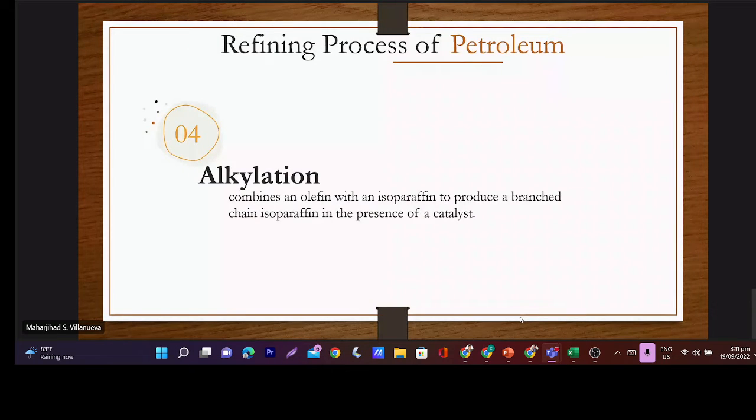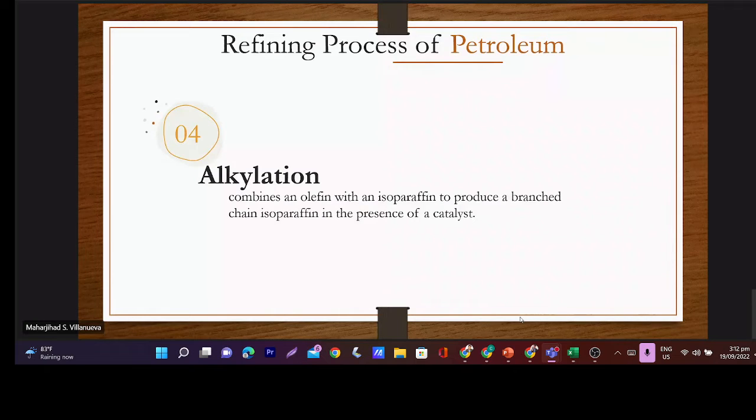So, kumbaga po, it's a chemical process in which light and gaseous hydrocarbons, yun po yung isa po doon is yung olefin, yung isa po doon is yung isoparaffin, to produce higher octane and high octane components of gasoline po.